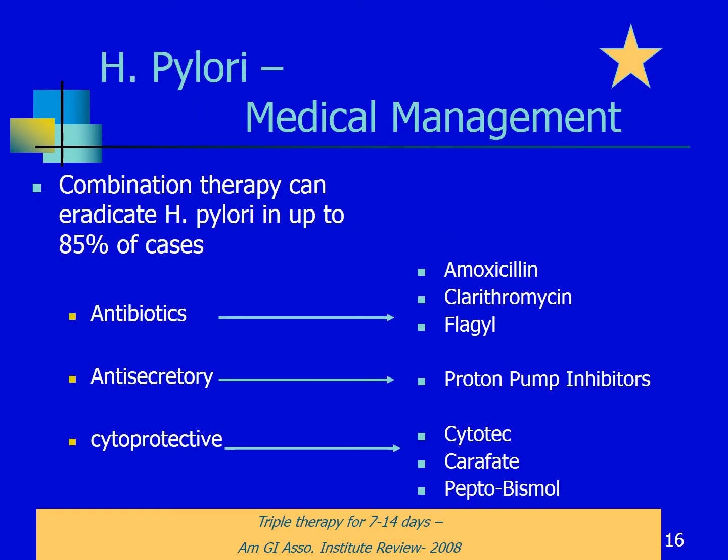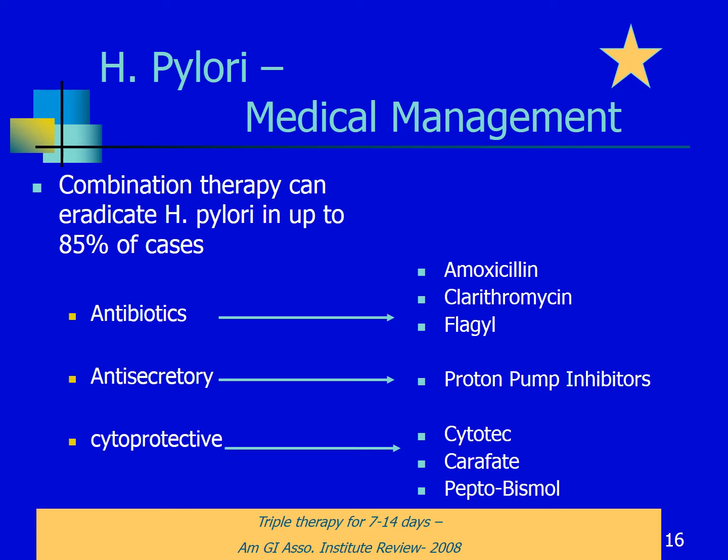All right, so how do we manage this condition, this H. pylori, this bacteria that invades the cells so much? Well, I told you that we need to eradicate it. So there's usually combination therapy in up to 85% of the cases. So they take antibiotics, antisecretory drugs, or cytoprotective drugs.